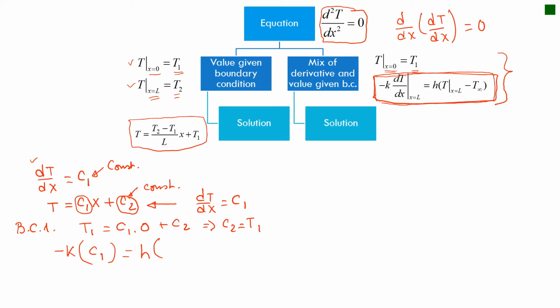And this is the stage somebody might write T_L minus T infinity. By the way, all of these quantities k, h, T infinity, they are constants for our purpose. But when we do the physics of heat conduction, they have very clear physical meaning.